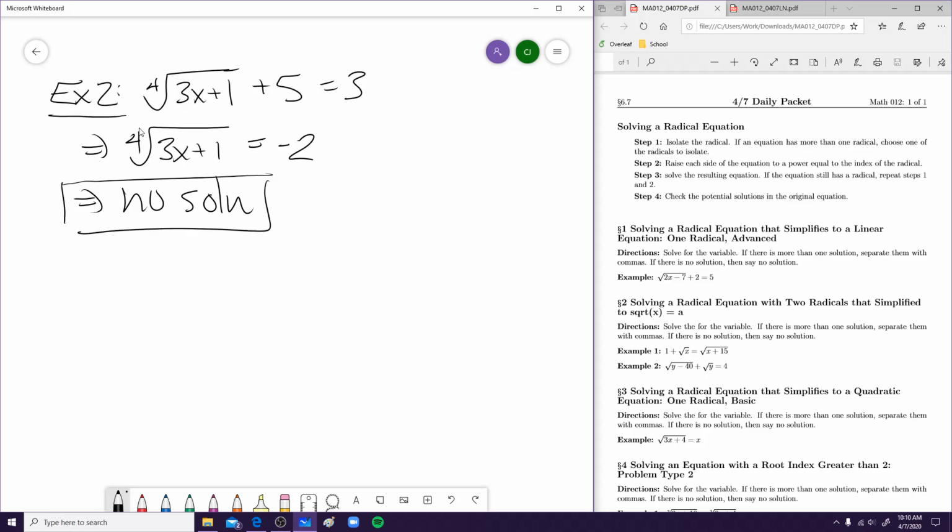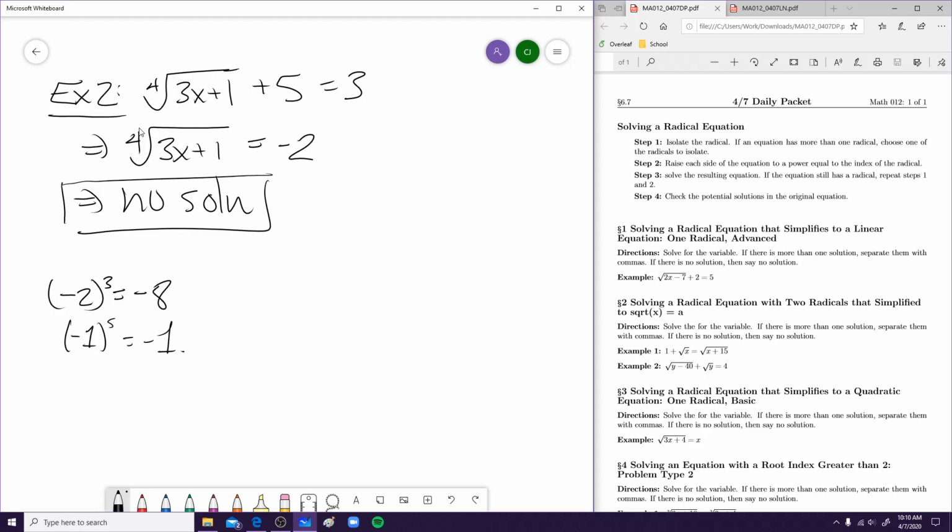We didn't do any examples where we have a cube root or an odd root equal to a negative number. Your question might be, can we solve it? The answer is yes. Why? Because, for example, negative 2 cubed is negative 2 times negative 2 times negative 2, which gives us negative 8. Even negative 1 to the 5th power is negative 1.